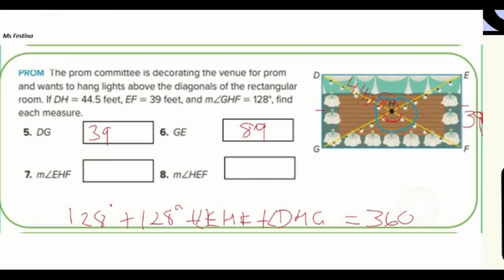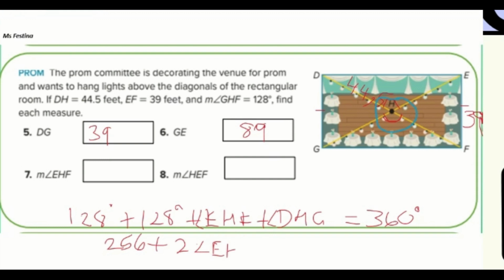Okay, so you do this step by step. So this plus that, 128 times 2, because it's the same measure, gives you 256. 256 plus 2 times angle EHF.